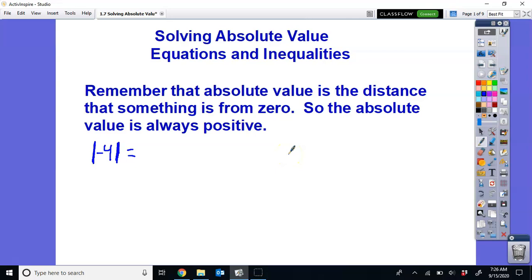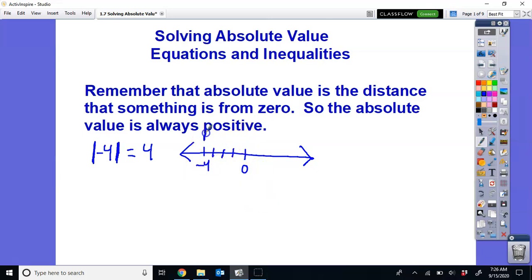Absolute value means the distance from 0. So when I say the absolute value of -4, basically what I'm asking you is how far from 0 is -4. So it's 4 spaces from 0. You think about a number line, the 4 spaces from 0, because -4 would be here.